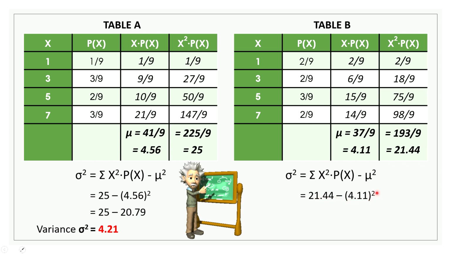So yung value ng ating 4.11 squared is equal to 16.89. So 21.44 minus 16.89 is equal to 4.55. So it means yung table B, we have a variance of 4.55.